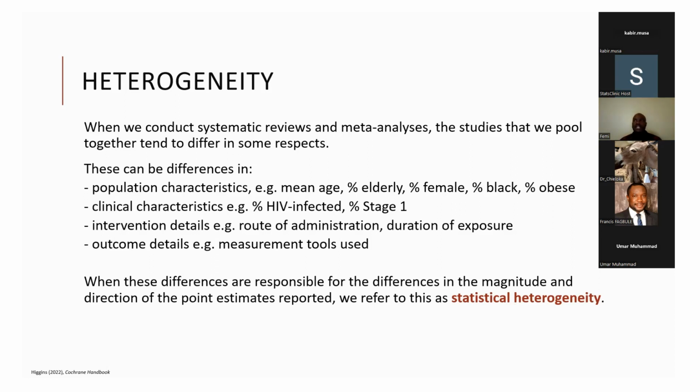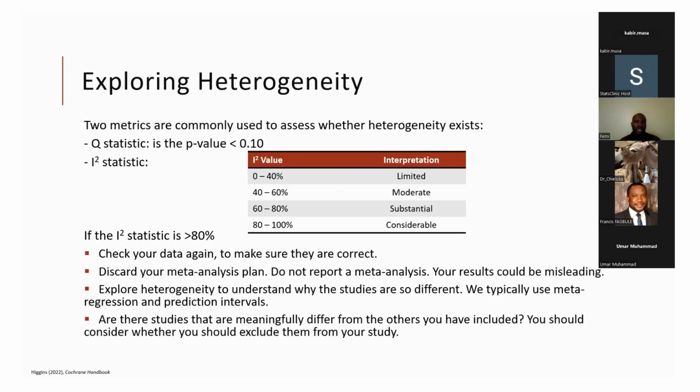Now, if these differences in the studies are responsible for the differences in the effect sizes, we can't call this statistical. And there's a way we can test for this when we are doing our meta-analysis. The two main methods that we use are the Q statistic and the I-squared statistic. The Q statistic has some limitations.